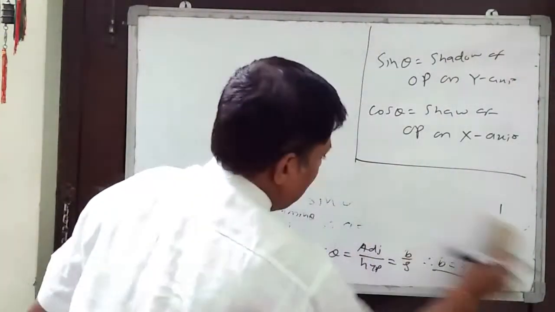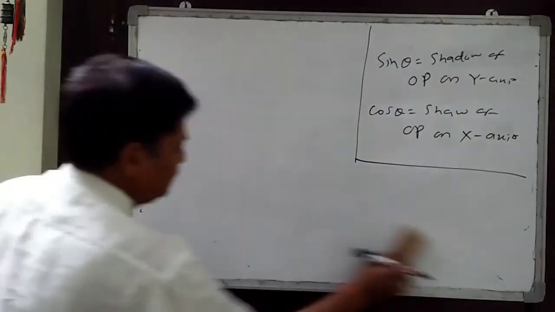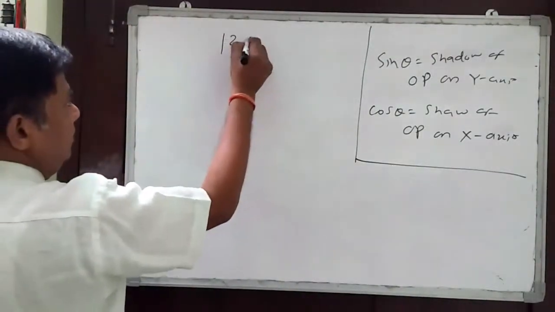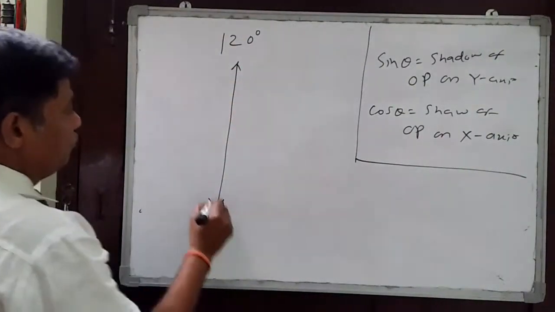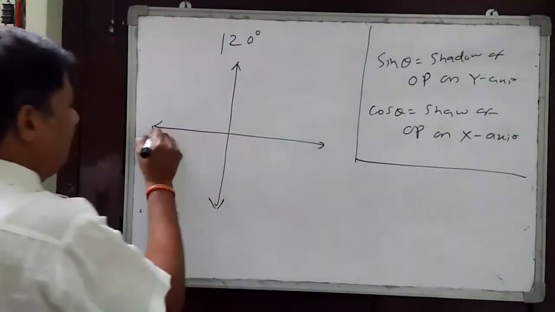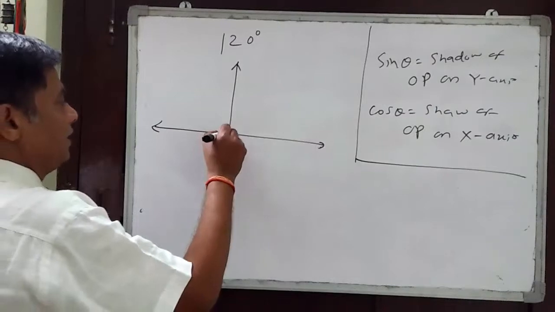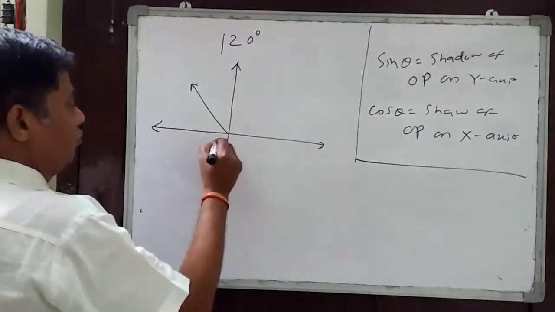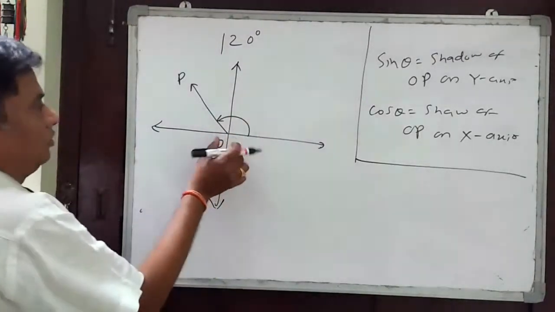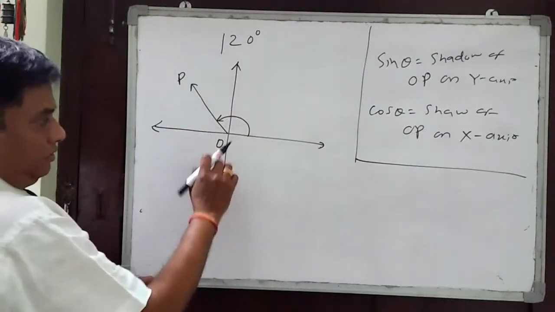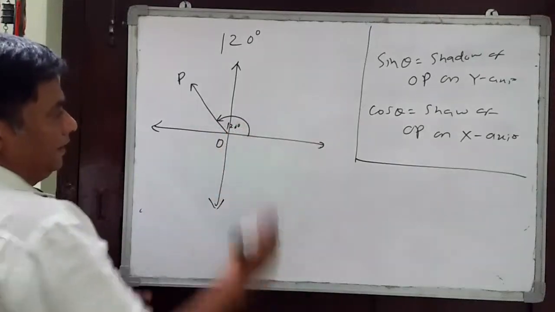The first angle that we are actually going to study is 120 degree. So first let us move the revolving line by 120 degree. So this is O, this is P. So we have moved the OP with 120 degree.